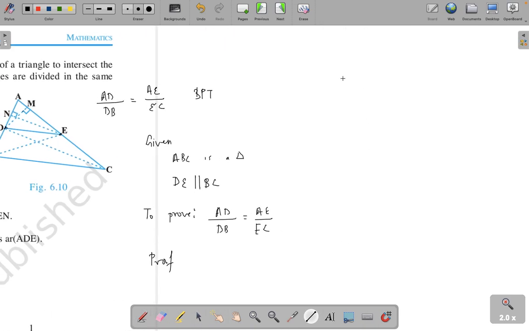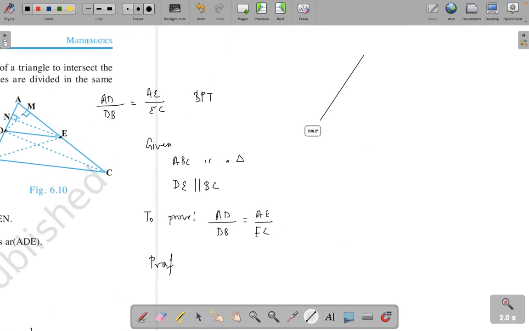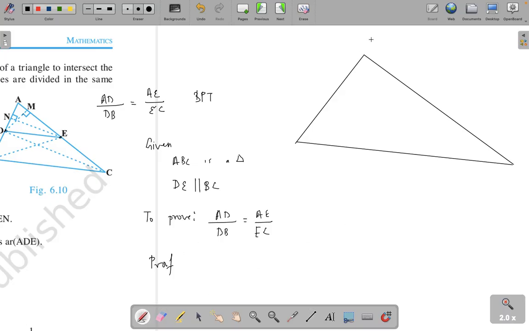Maybe we can start from scratch with a bigger triangle. Say this is the triangle, right? A, B, C. What we know till now is, what was this?